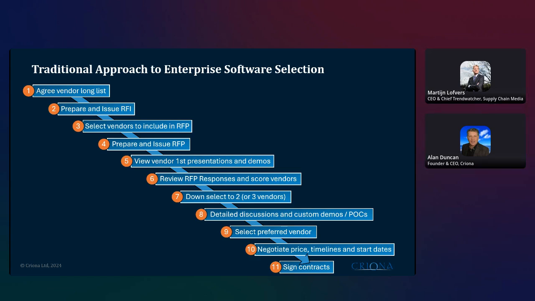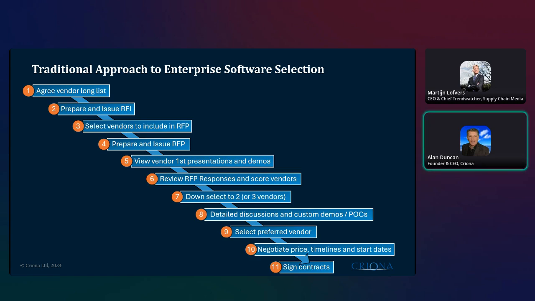And so ultimately, even though you've gone through a very robust and scientific line by line evaluation of multiple vendors, your end decision comes down to an emotional feeling. There's nothing wrong with that, but to us, we think that that's wrong.